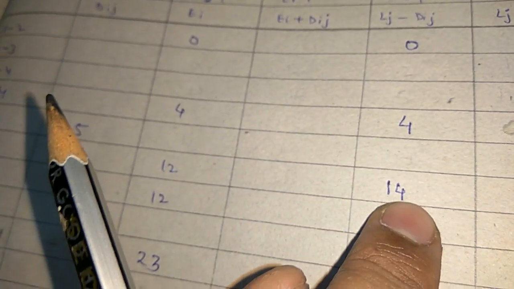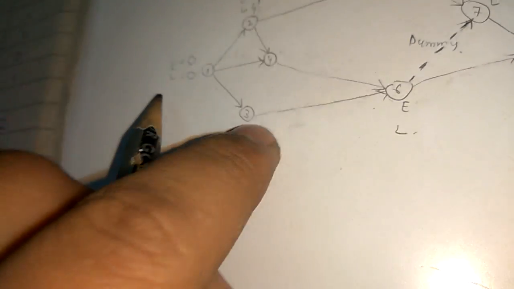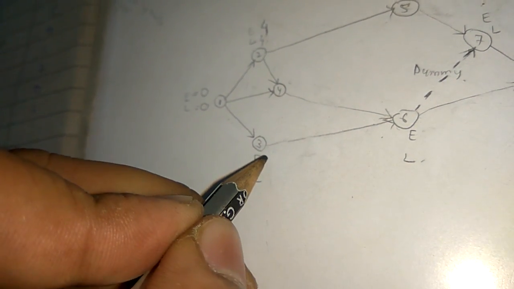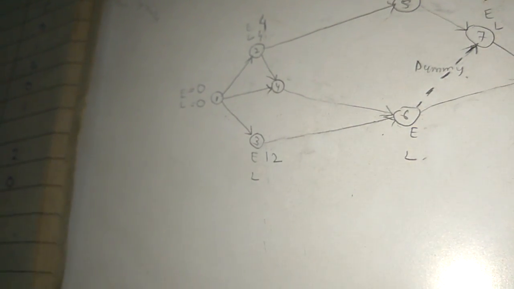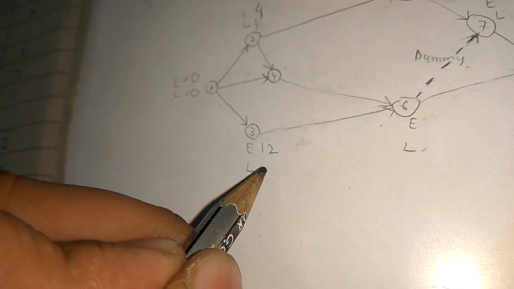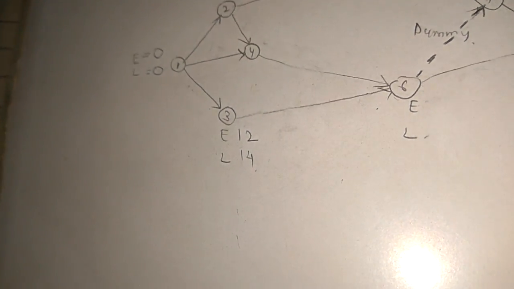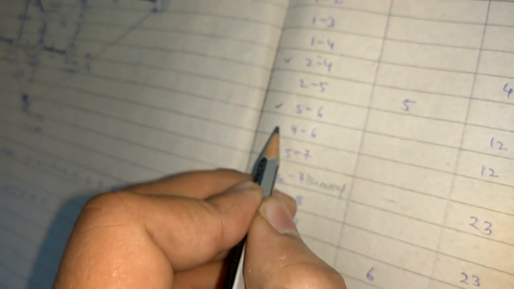Next one is 12 and 14, between 3 to 6. EI is 12 and LJ minus DIJ is 14. So this is also completed.